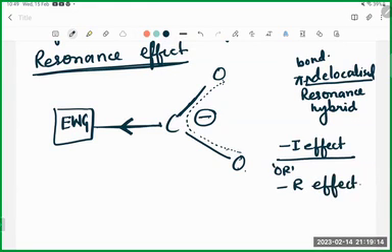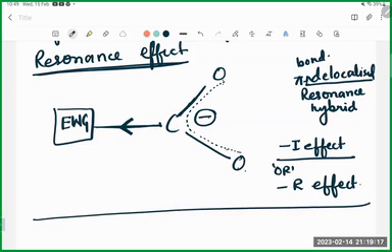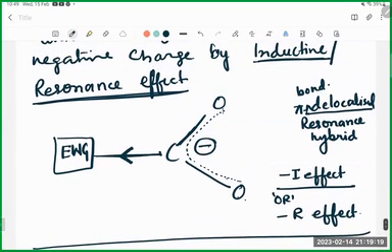First is the electron withdrawing group nature, which withdraws the electron from the carbon and stabilizes the carboxylate anion through the structure, and delocalization of the negative charge by inductive or resonance effect strengthens the acidic strength of the carboxylic acid. Correct.